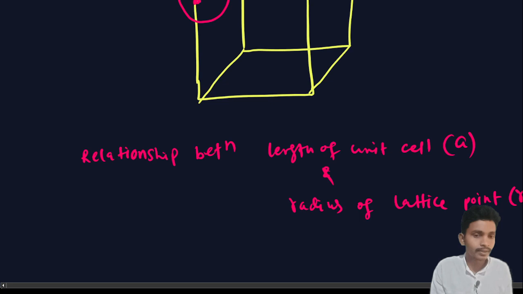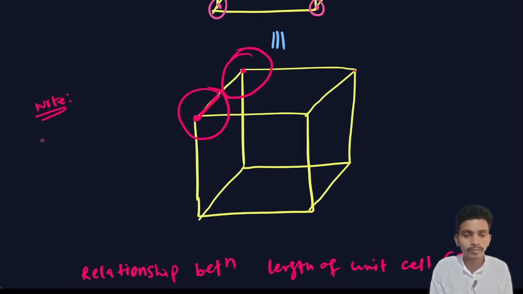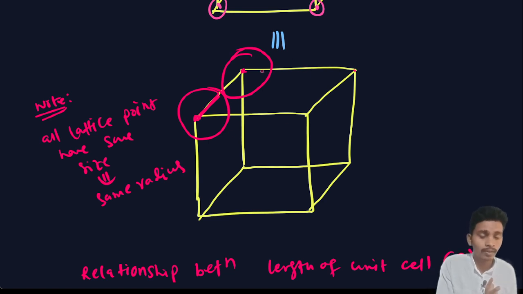That radius means this one. This is the radius for this. Note that all these lattice points have the same size, which means the same radius. Sometimes when I draw, some are bigger and some are smaller, but actually all the lattice points have the same size and the same radius. So all the radii are the same, which should be kept in mind.